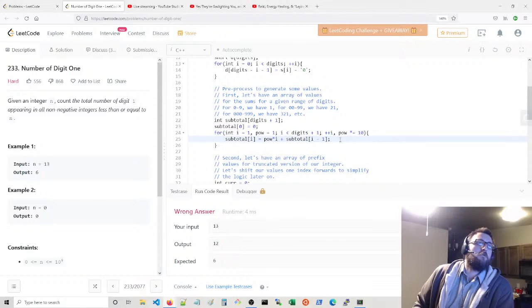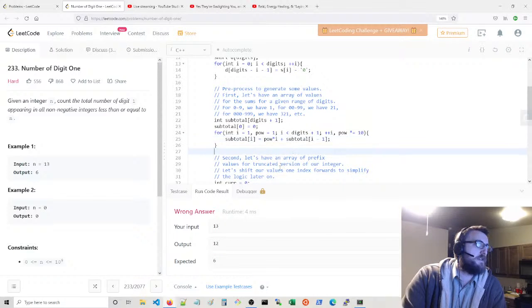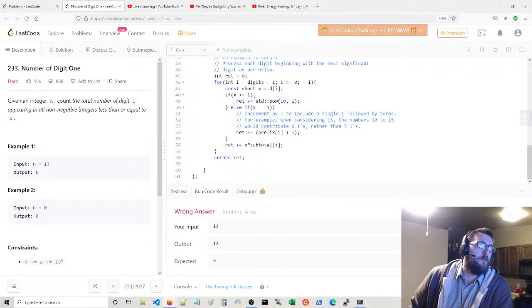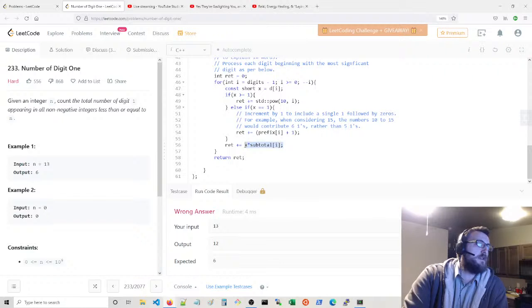Yes. If we're at index 2, which we won't be for this number, so how come we got... 13, we should get 1 times the subtotal, so 0 through 9 of i's of 1 is 1, so we got 1 times 1 is 1, right?